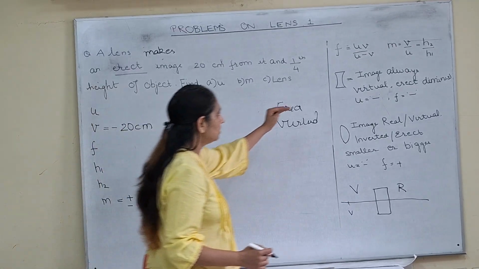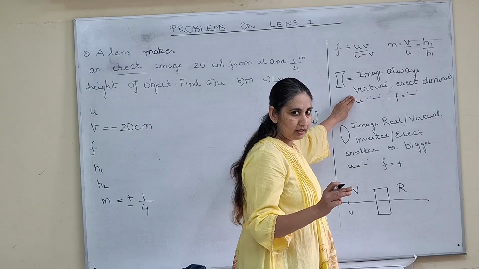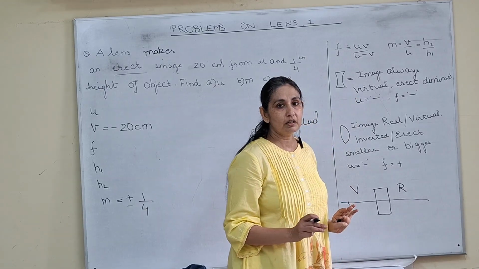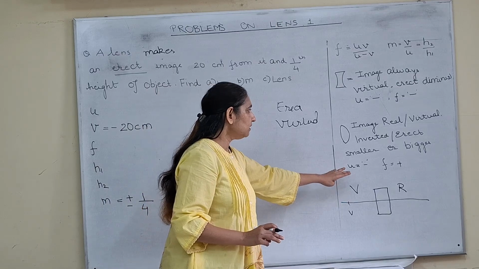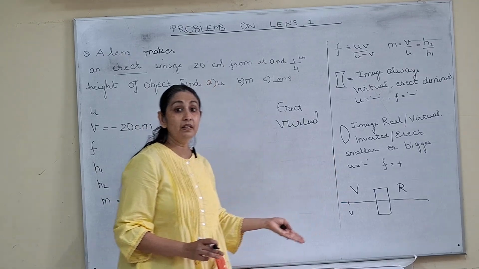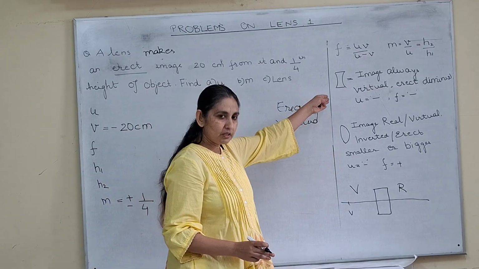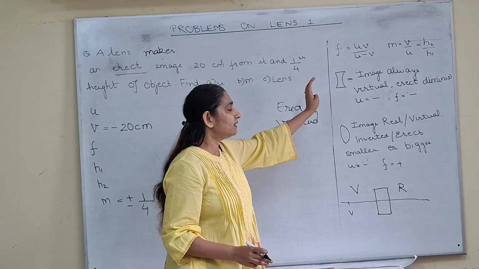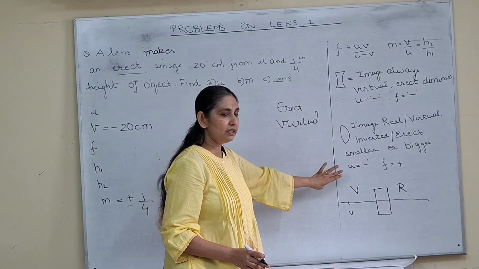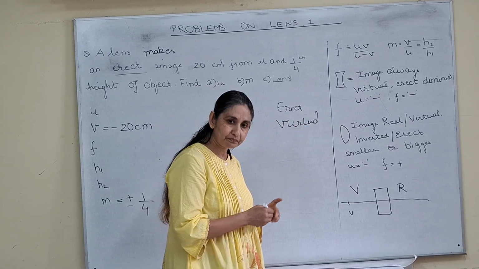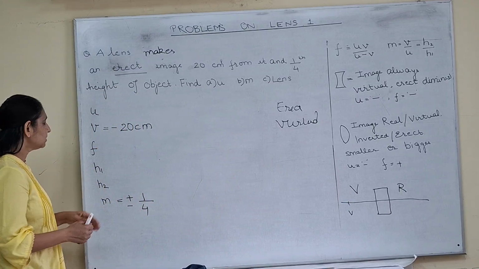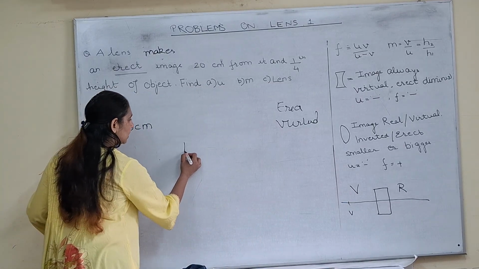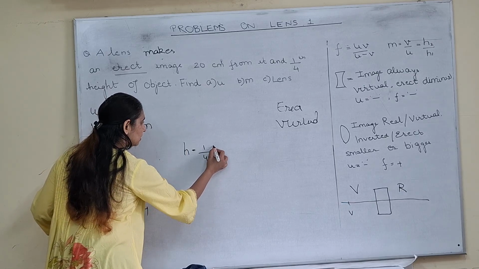In this one, the image is erect and small. In the other, the image is erect but bigger. The virtual image here is always smaller, and there the virtual image is always bigger. Now here what they are showing is that h2 is 1/4 h1.